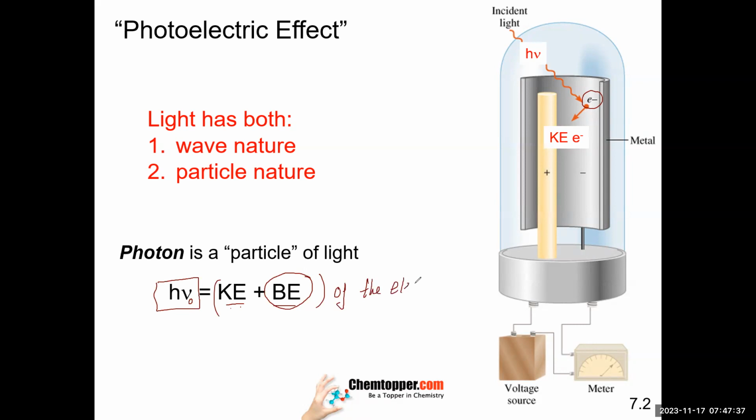You know, energy can neither be created nor destroyed. First law of thermodynamics. So whatever energy of the photon is falling on the electron, some is used in overcoming attraction and some is given as kinetic energy, right?